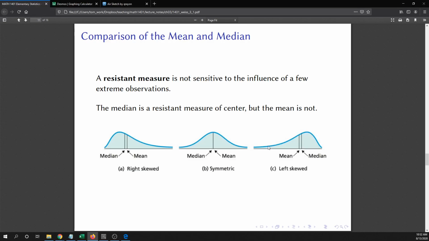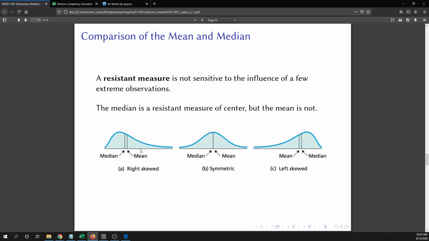The main thing to note is that the median is a resistant measure of center, but the mean is not. A lot of times you'll see median home values reported for neighborhoods, and in other governmental studies they'll report the median instead of the mean, because the median is resistant.